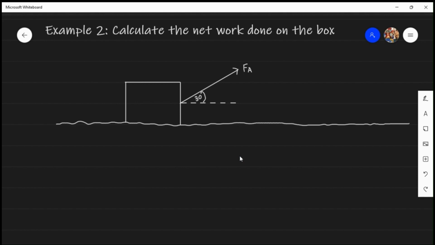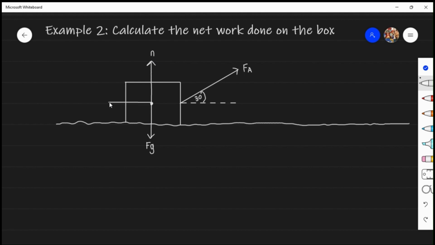Let us start by putting in a few additional forces. Let us have the force of gravity, or Fg, our normal force, and our force of friction, or kinetic friction. And let us put in our displacement.